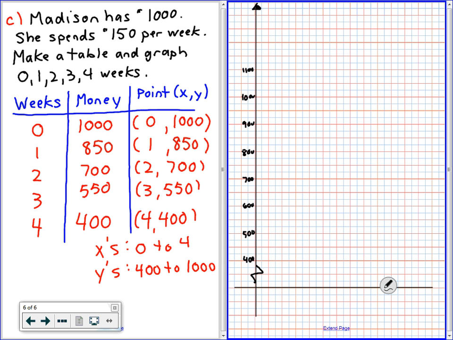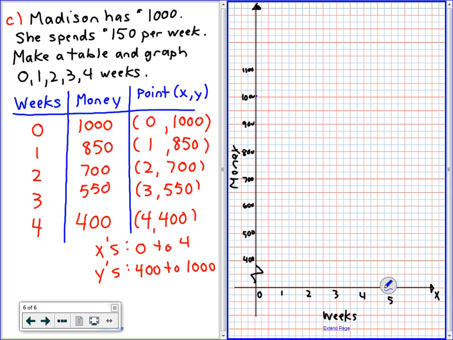This is money, right? Because if you're dealing with a graph in real life, you'll see a graph like this. It won't say x versus y, it'll say money versus weeks. So I'm going to go 0, 1, 2, 3, 4, 5. Do that and do my x. Okay. So again, my first point here, your graph should look something like this.